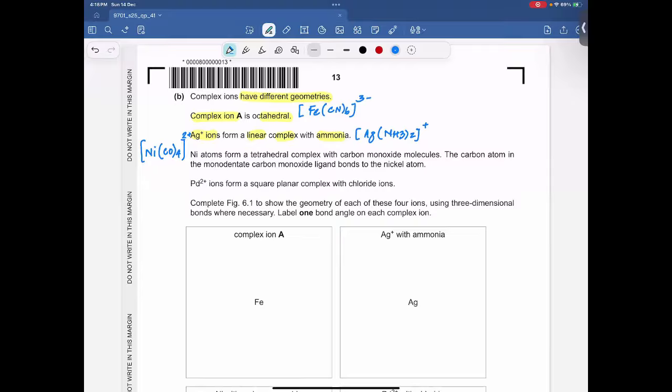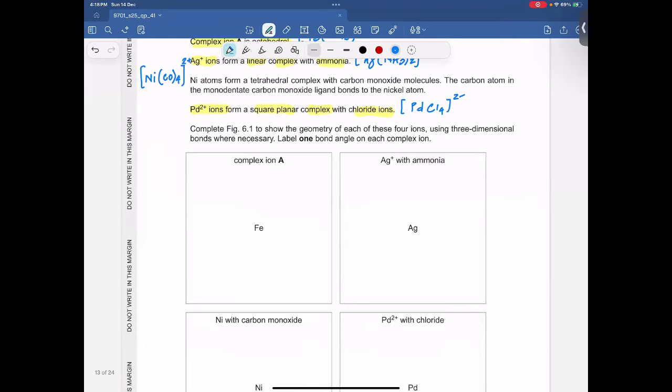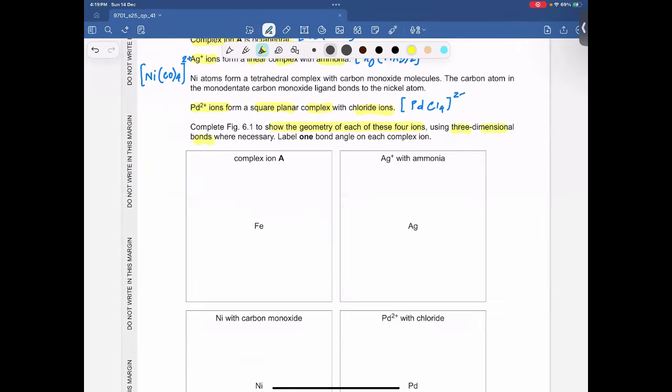Now the next is palladium ions form a square planar complex with chloride ions. All right. So this is palladium, this is Cl4, and this is 2 minus. So the complex ion shows the geometry of each of the 4 ions. Use 3-dimensional bonds where necessary. Label 1 bond angle to each complex.